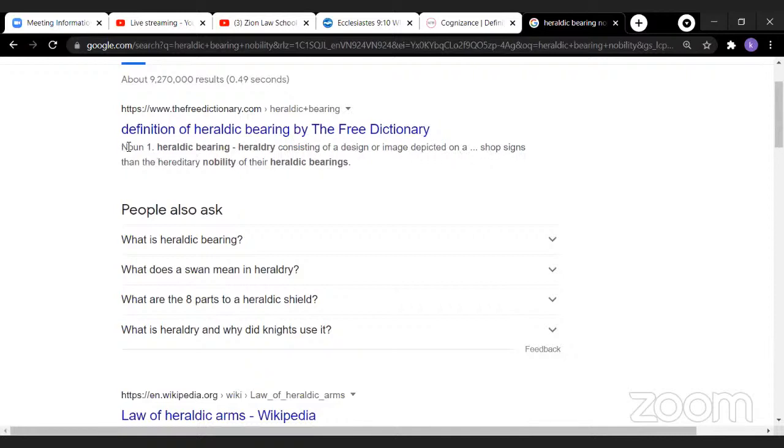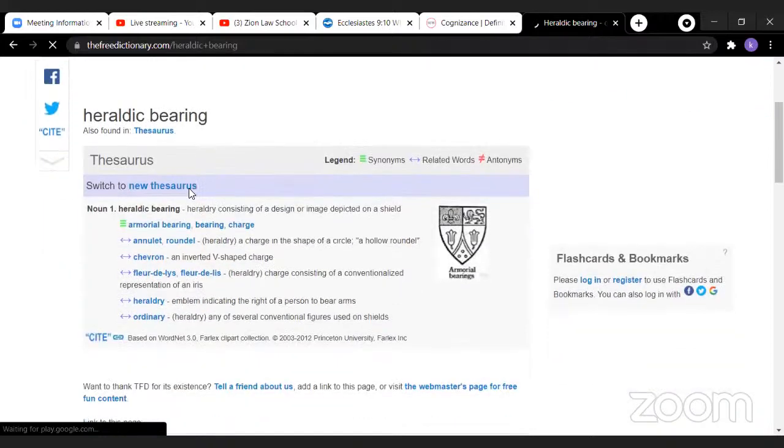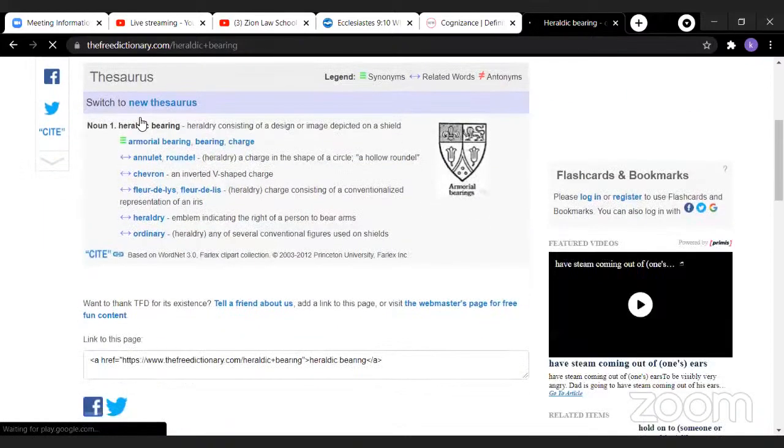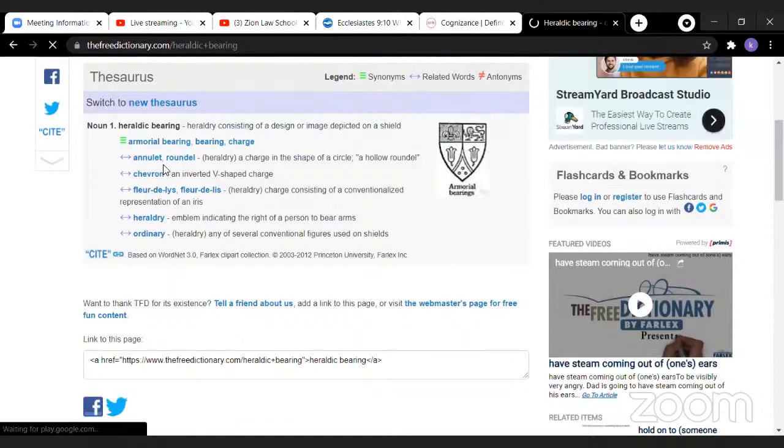Okay, so let's look at this one. Heraldic bearing, heraldry consisting of a design or image depicted on a shield. In heraldry, rondel, a charge in the shape of a circle, a hollow rondel, chevron, an inverted V. So when we see these things on the shield, that's what they mean.